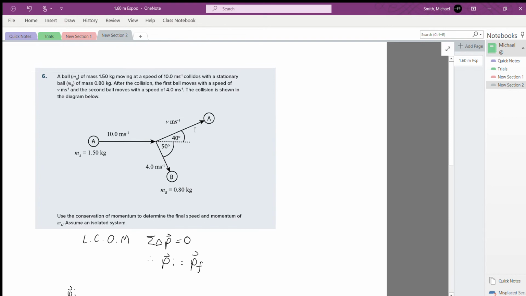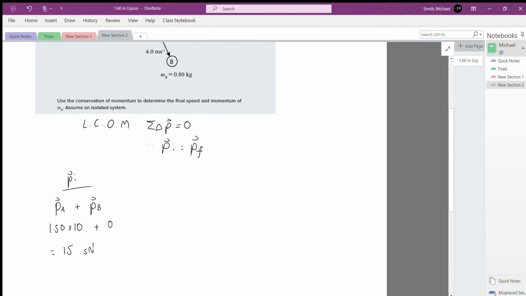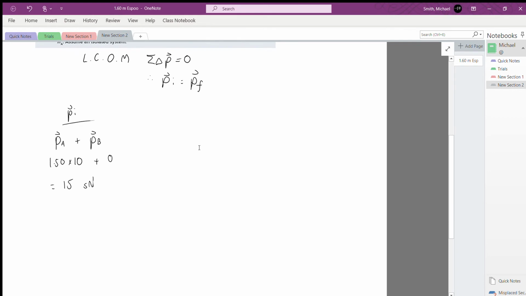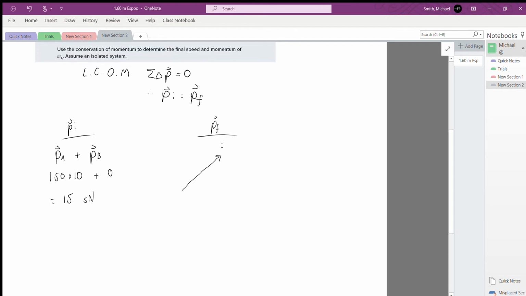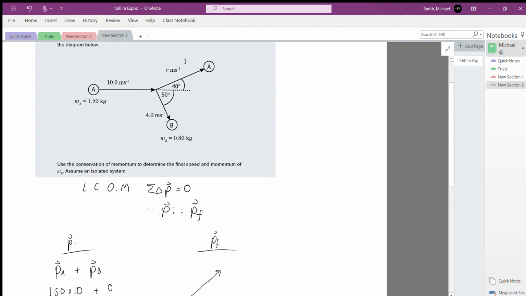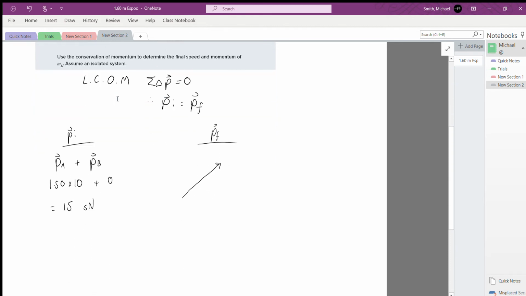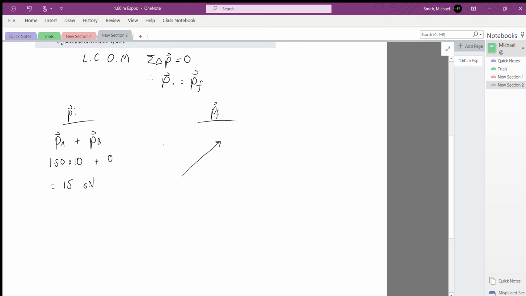Now, the final momentum of the system is a little bit tricky. We have to use vector addition. So if we draw a quick diagram, we have ball A moving up with momentum. We don't have the speed, so we can just write an expression for that as PA equals 1.5 v, and that's at 40 degrees.